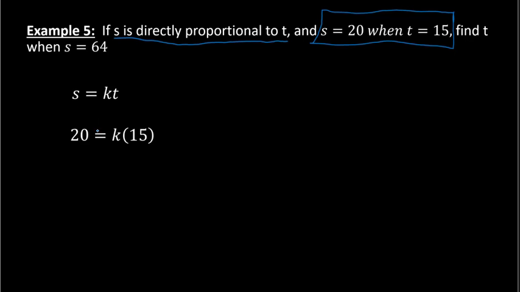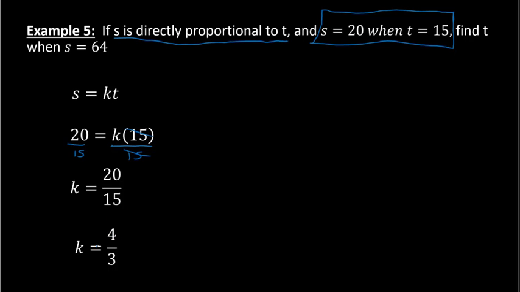So I have 20 equals K times 15. So solve this for K. K times 15, I get rid of the 15 by doing the opposite, which is dividing. So I divide both sides by 15. So I have K equals 20 over 15, which can reduce by dividing the top and the bottom by 5. And that gives me K equals 4 over 3.